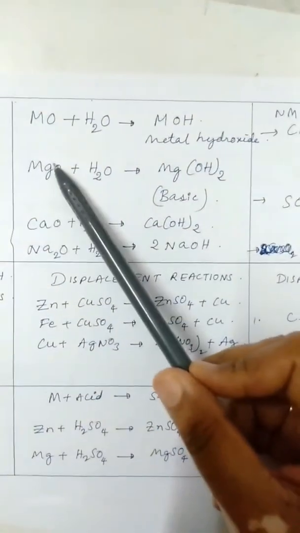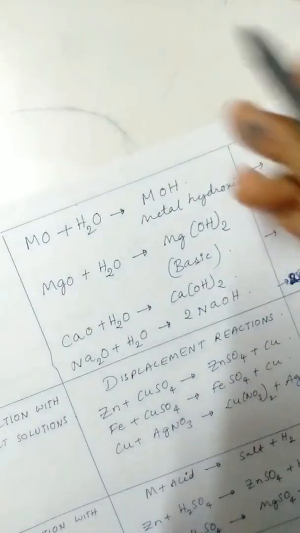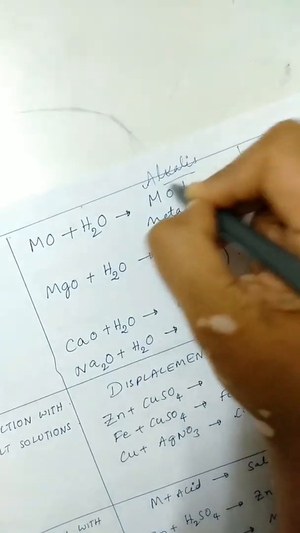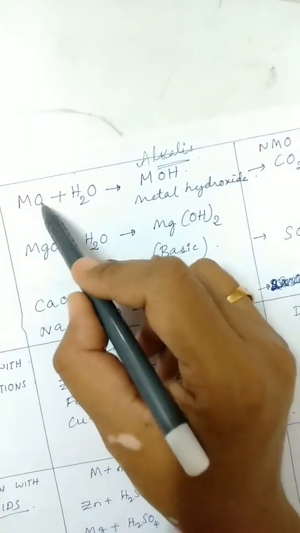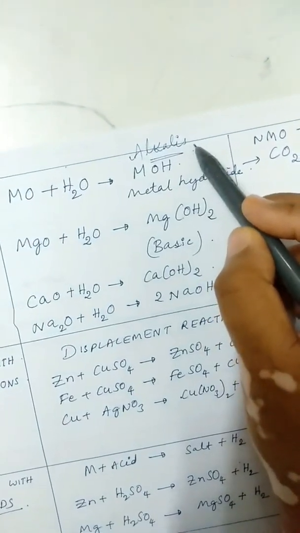So these soluble metal oxides dissolve in water forming alkalis.